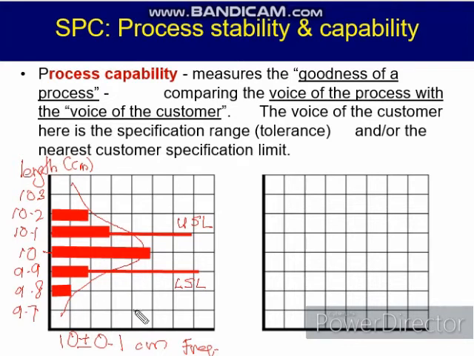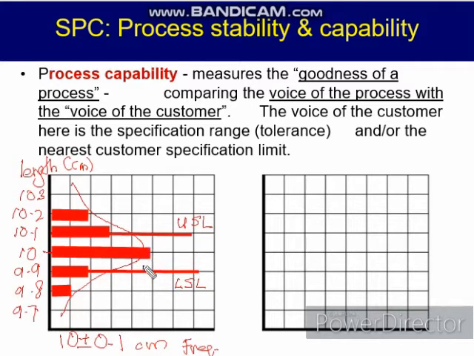So if you look at this, you can say that since this is a specification limit, even though your process is stable, you are making quite a bit of bad units that you have to reject. Because you have these units in this particular area, beyond the upper spec limit, which do not conform to customer requirement.